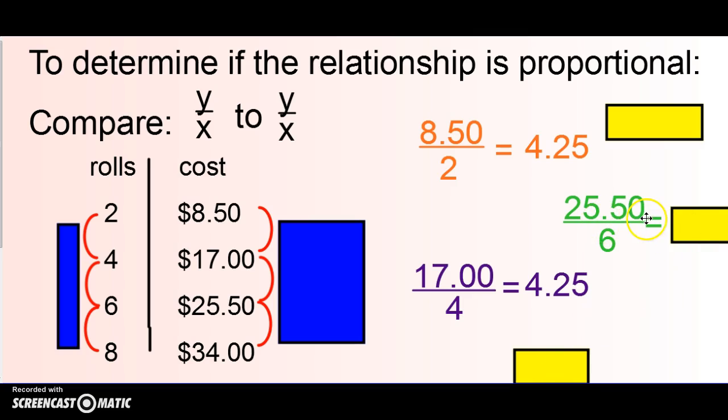And $25.50 for 6 is $4.25. Because those three are the same, we would call those proportional. If you happened to compare, let's say, $34 to 8, and you had a different number because you had a discount for buying more, then you would say the whole thing is not proportional. But keep in mind, proportional is comparing the y to the x, the y to the x.